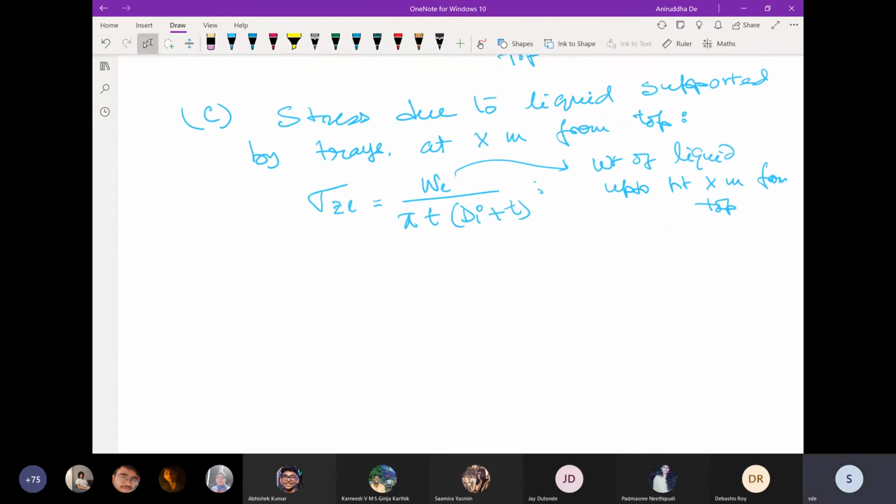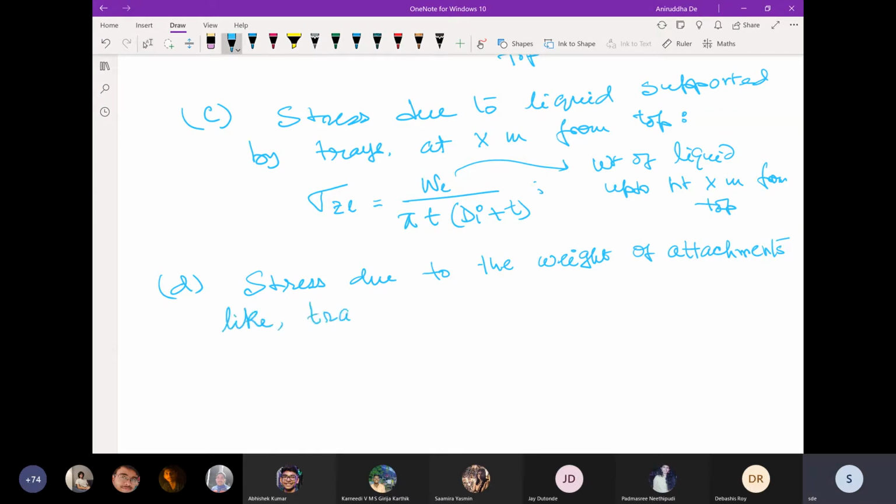Okay, then we come to the attachments. Attachments are basically heads and bottoms, ladder, platform, trays, etc. Stress due to the weight of attachments: trays, top head.